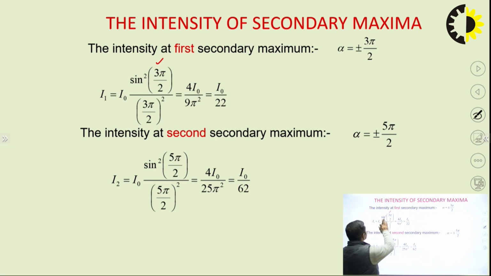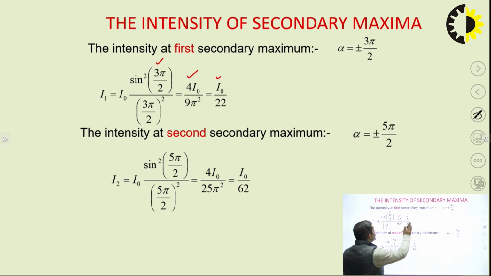If we put this in the intensity equation, the intensity at the first secondary maximum will be proportional to 4 I naught by 9 pi square. If we put the value of pi, the intensity at the first secondary maximum will be I naught divided by 22.